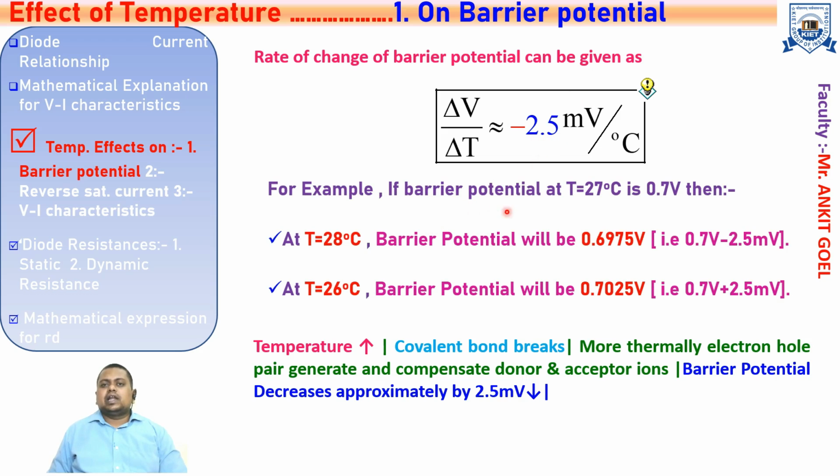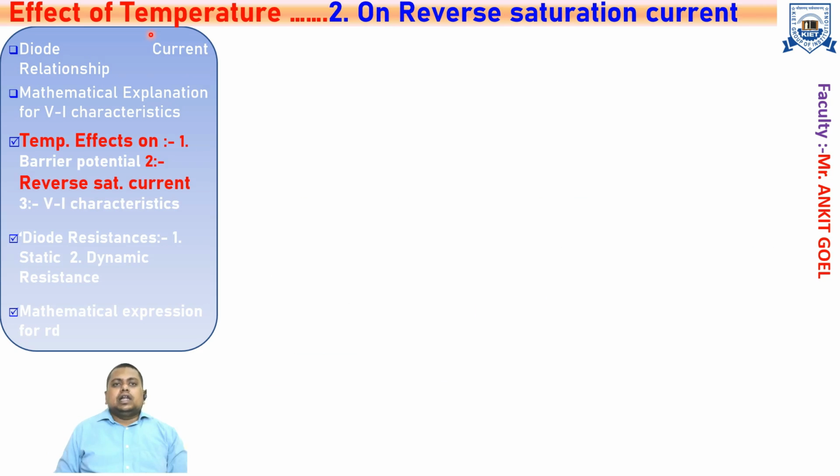If the barrier potential at room temperature is 0.7 volt, and we increase the temperature by 1 degree centigrade, the barrier potential will become 0.6975 volt. It decreases by 2.5 millivolt. Or if I decrease the temperature from 27 to 26 degree centigrade, your barrier potential will increase by 2.5 millivolt.